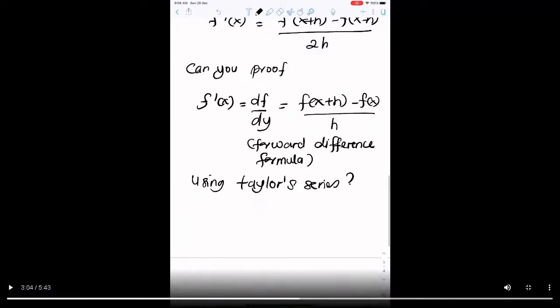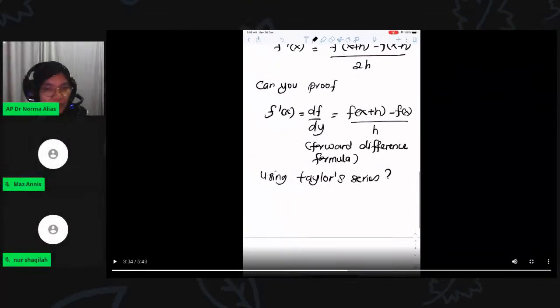So in this case, don't worry, you just subtract f(x) from Taylor series 5.1. Go to your books, go to equation 5.1 and then subtract f(x), divided by h. That's all.